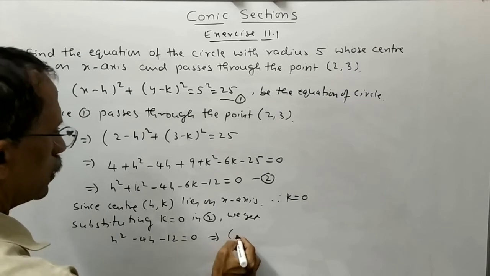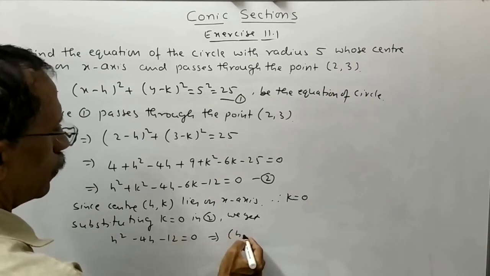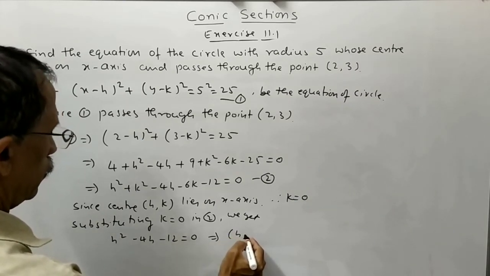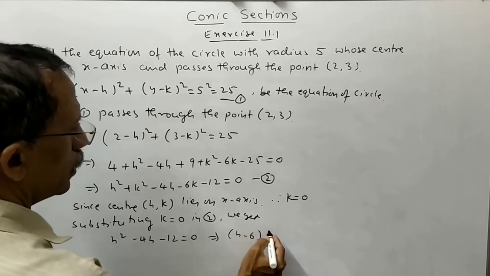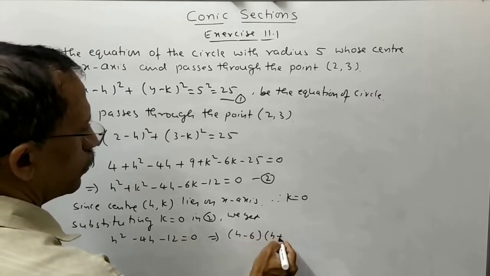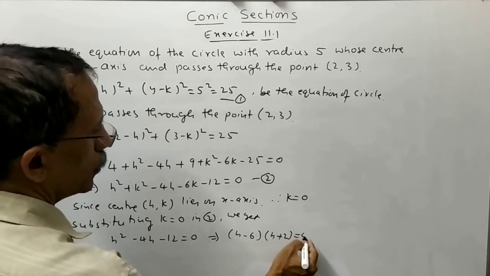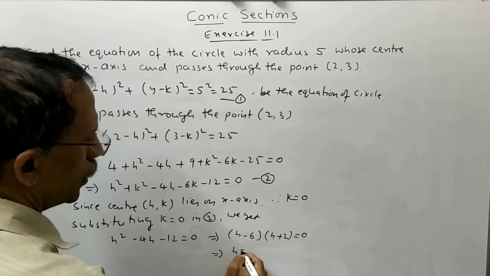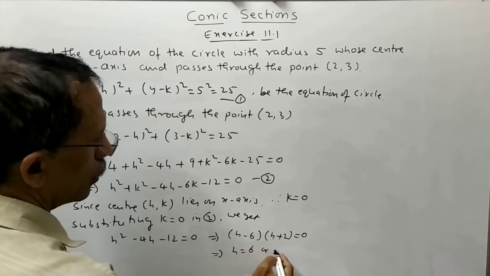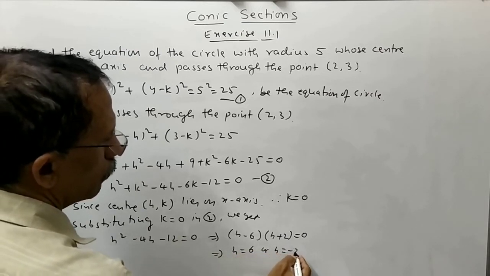This implies, what are the factors? -6, 2. (h - 6)(h + 2) = 0. This implies h = 6 or h = -2.